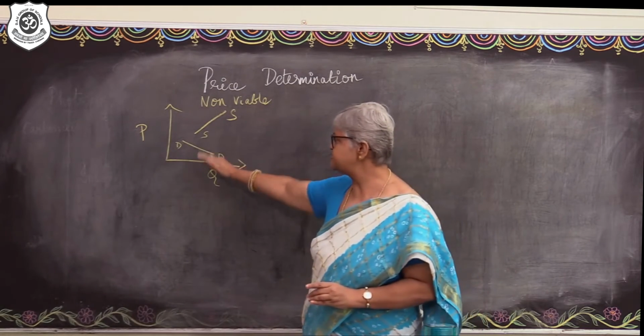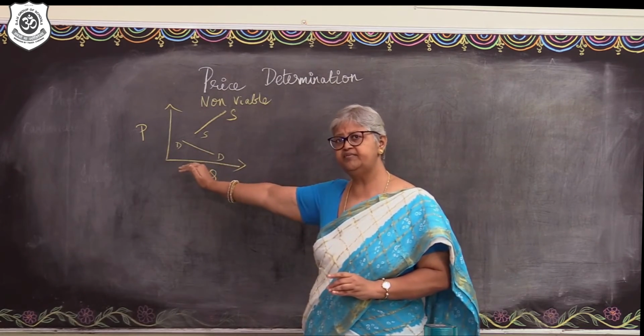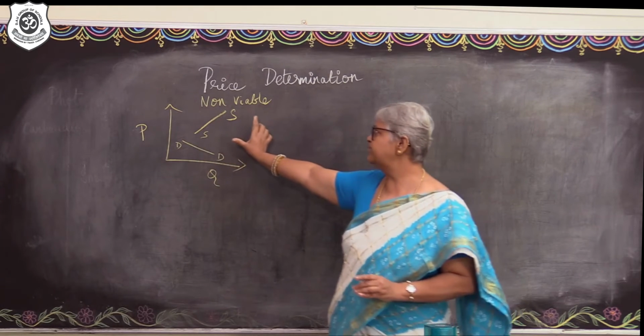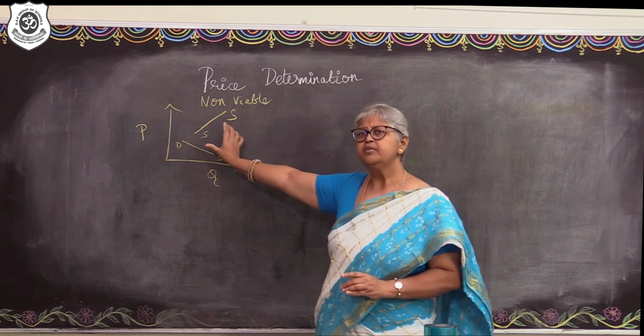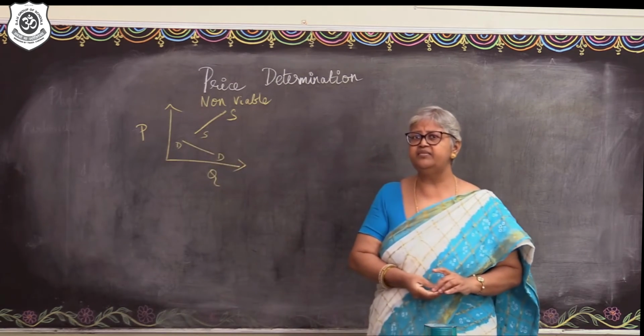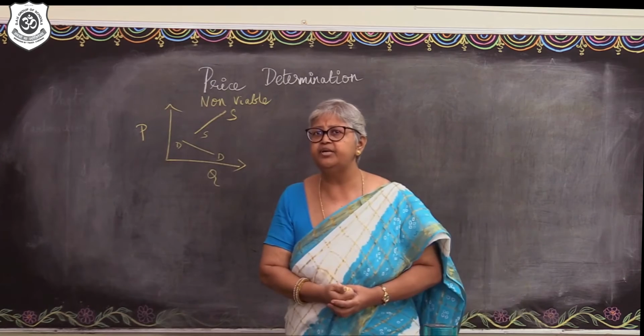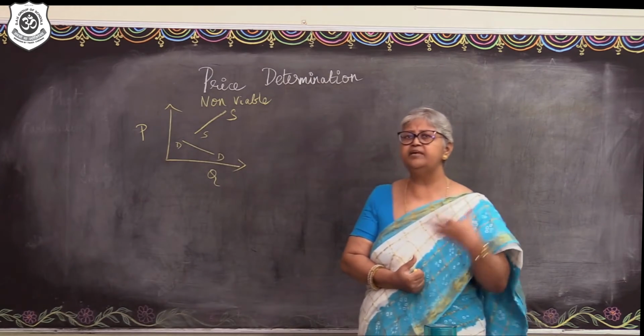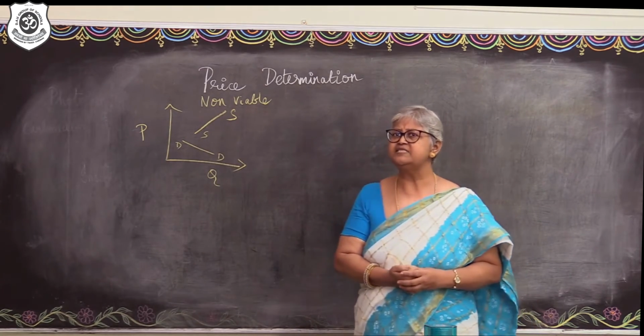The demand is at a much lower level of price, and the supply curve is high above, so there is no way that a transaction can happen in the market. Transaction does not happen at all.